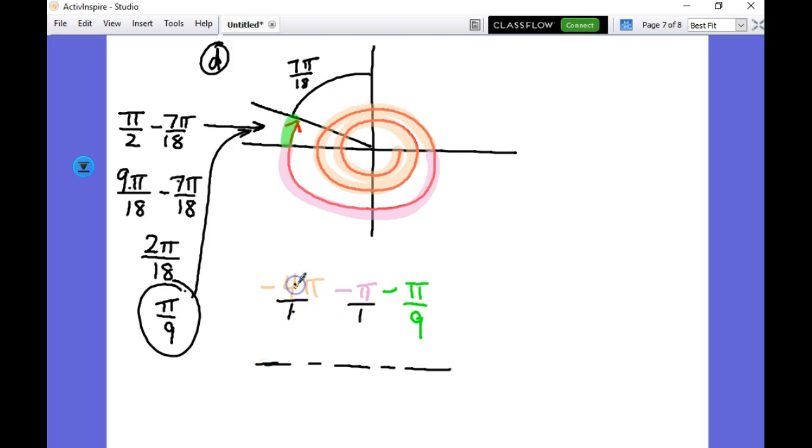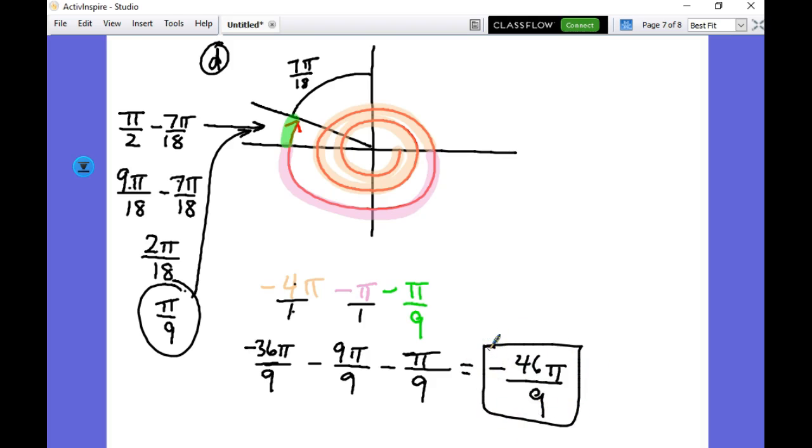So multiply the top and bottom by 9, you get negative 36 pi. Top and bottom by 9, you get negative 9 pi over 9. And this one's already got a denominator of 9. So we have negative 36, take away 9, which is negative 45. Take away one more, and you get negative 46 pi over 9.